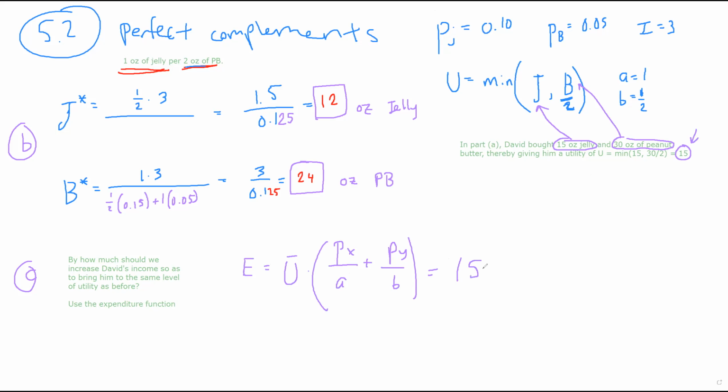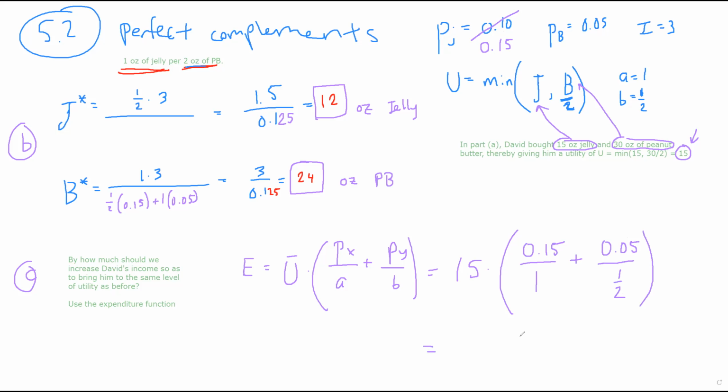We need the new price of X: the price of jelly is no longer 0.1, it's 0.15. A is still 1, the price of peanut butter is still 0.05, and the value of B is 1/2.